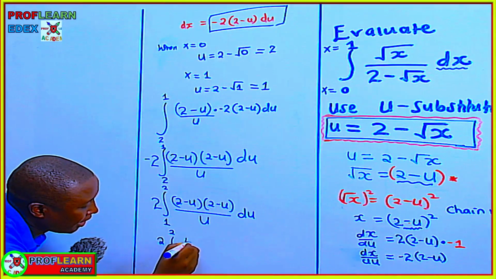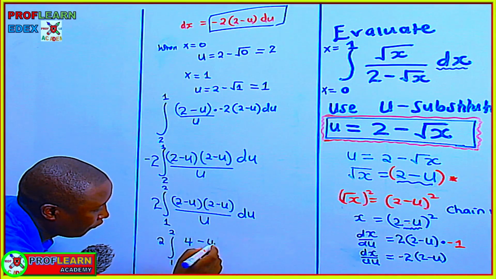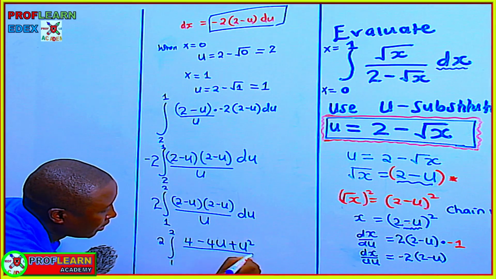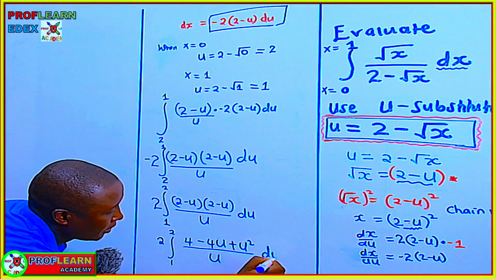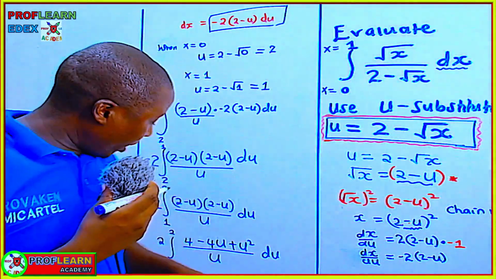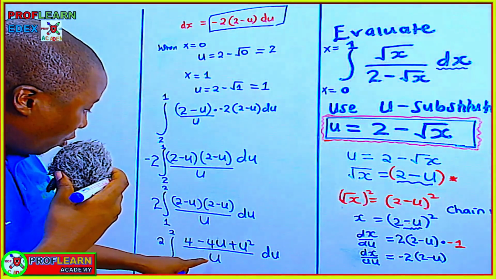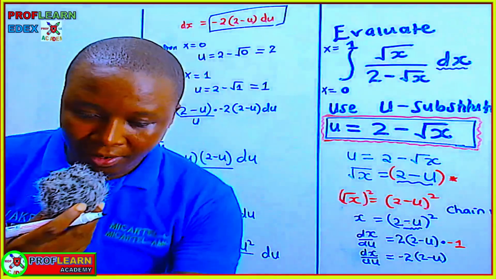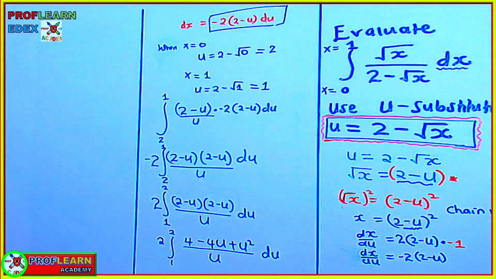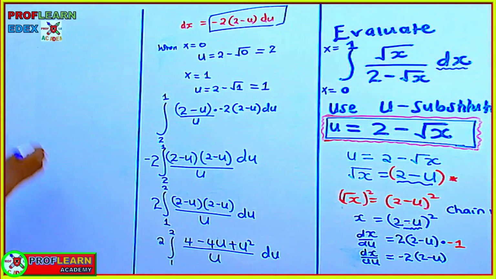Expanding this, we shall have 4 minus 4u plus u squared over u, then du. Having this, we are going to divide every term by u so that we can simplify and have the expression ready for integration. So 4 divided by u is going to give us what?